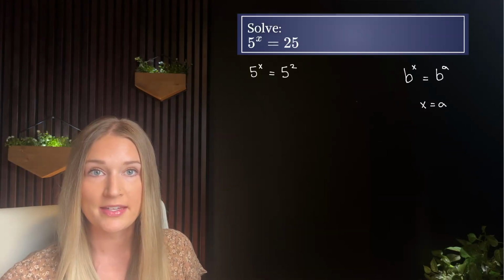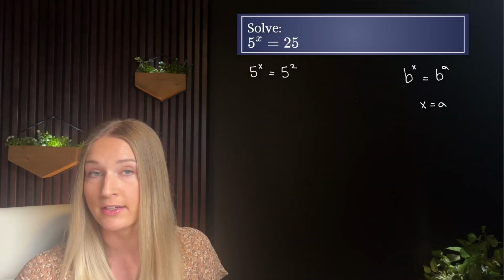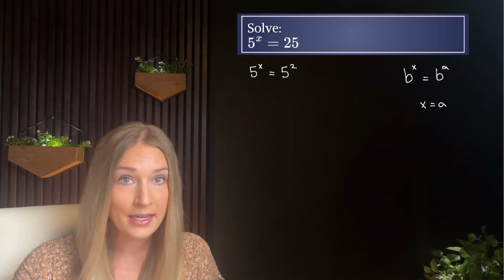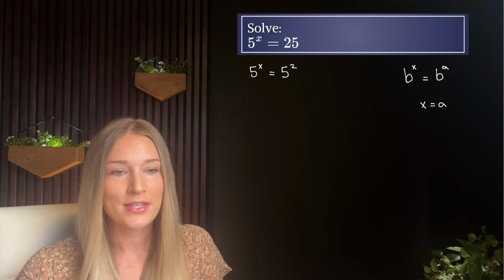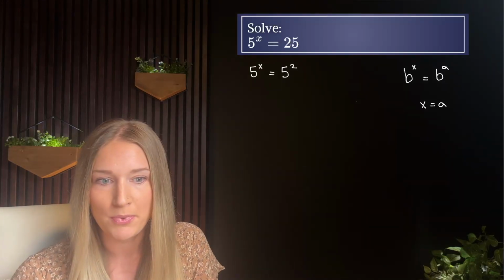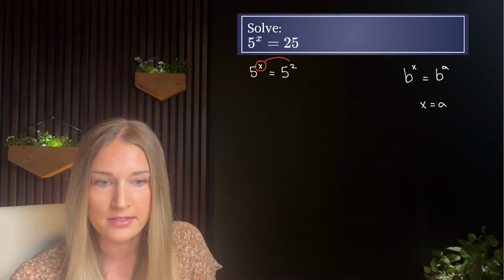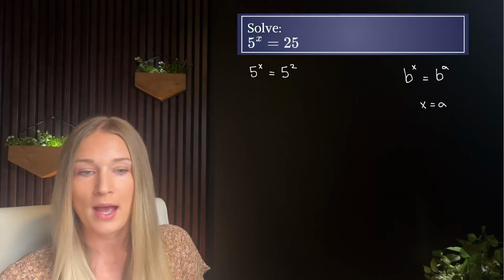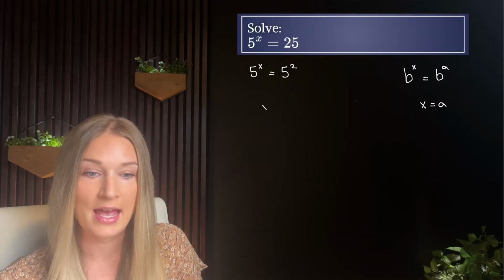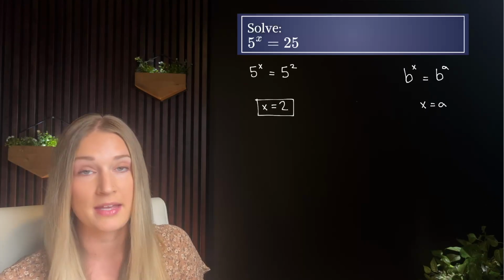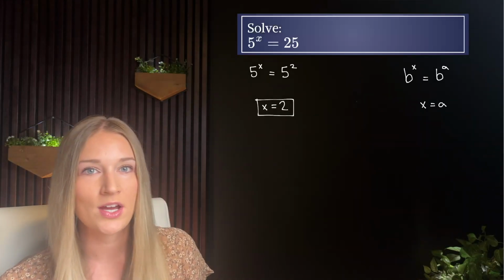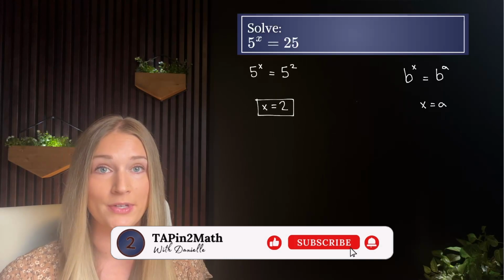So now I have 5 to some power is the same as 5 squared. Well, if they're the same, then the only number we could possibly put in the x spot is that 2. So I can use logic to say x has to equal 2. We're not dividing by the 5s. We're just using our logic to say it's the only possible answer.